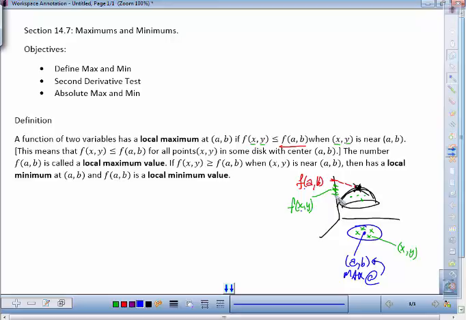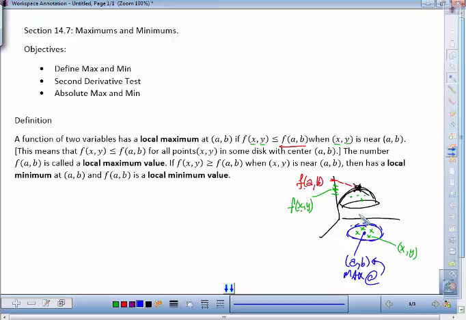And you'll see that on the z-axis. This means that f of (x, y) is less than f of (a, b) for all points in some disk. And so here in math, they always define the domain as some sort of disk.